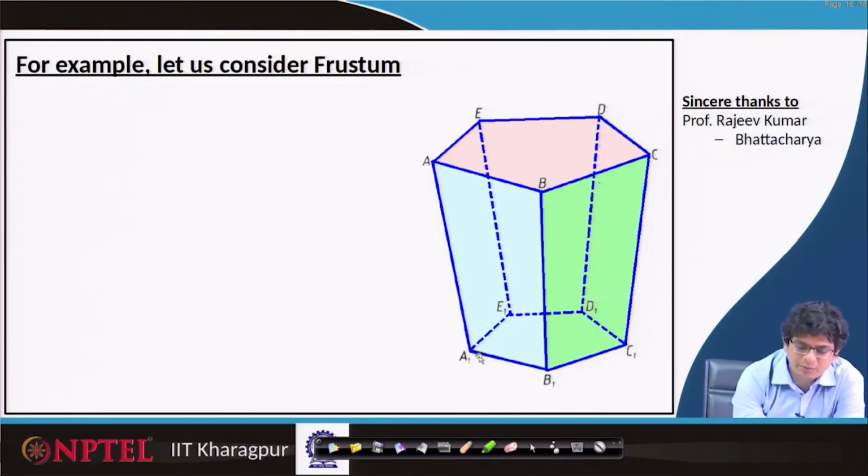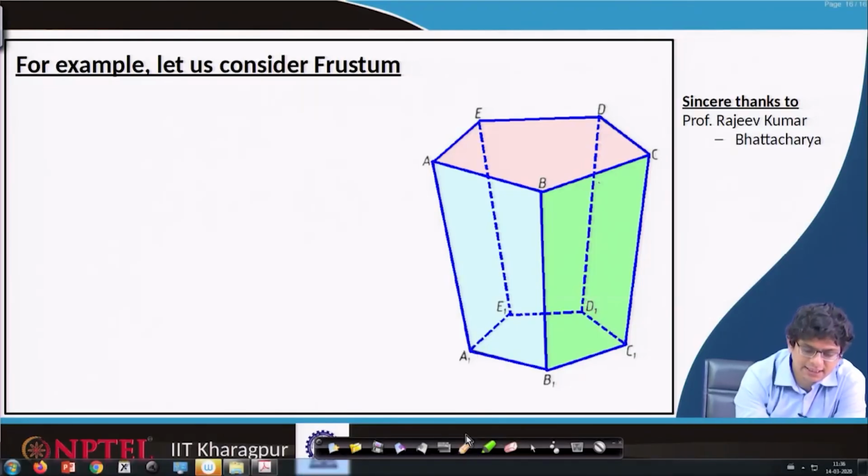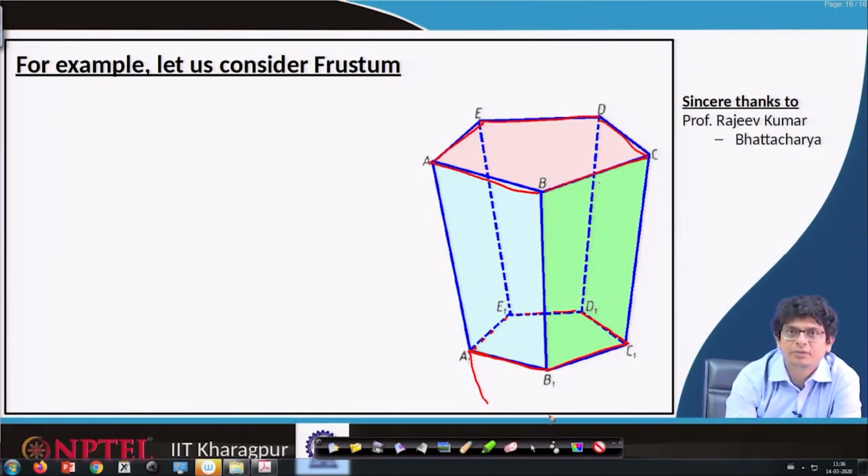That means in this case the size of this pentagon is way smaller than the size of this pentagon. That means these lines intersect far away and make something like an apex, and that part we have removed, and the leftover part is this, the frustum we are trying to look at.